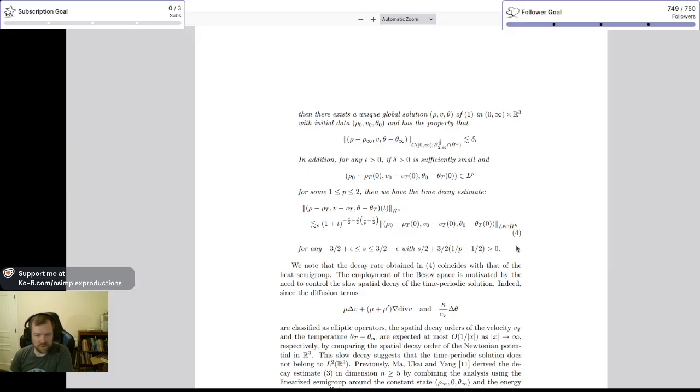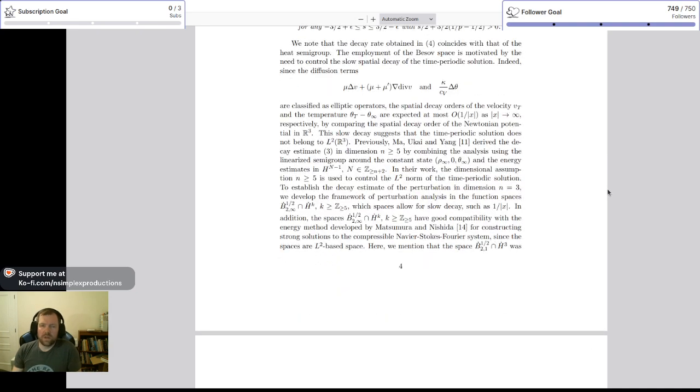Indeed, since the diffusion terms mu times delta v plus mu prime times the gradient of divergence of v and kappa over c sub v times delta theta are classified as elliptic operators, the spatial decay orders of the velocity v sub t and temperature theta sub t minus theta sub infinity are expected at most O of 1 over absolute value of x, as absolute value of x tends to infinity, by comparing the spatial decay order of the Newtonian potential in R3.